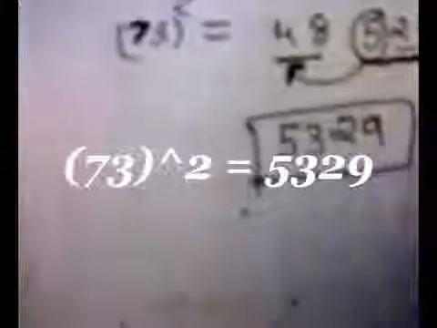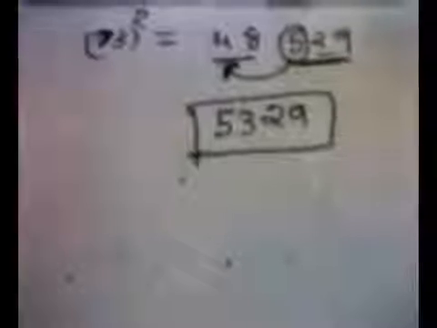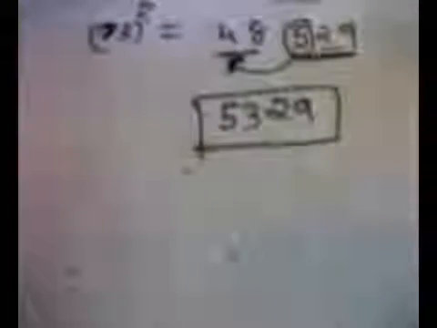It's 23, and what is the square of 23? It's 529. So again we get 3 digits, so the last 2 digits we put as it is, and this 5 will be added to 48, so 48 plus 5 is 53, so here we get our answer 5329. See, by using this method you can find out the square of any number within a second.